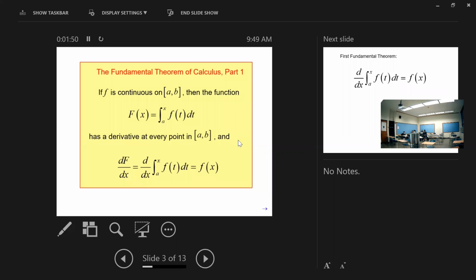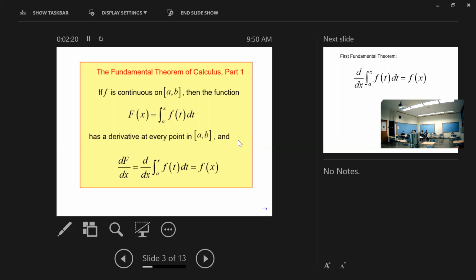So now look how they wrote this. Think of f of x being the velocity. Then big F is the position. That's how they're telling them apart.